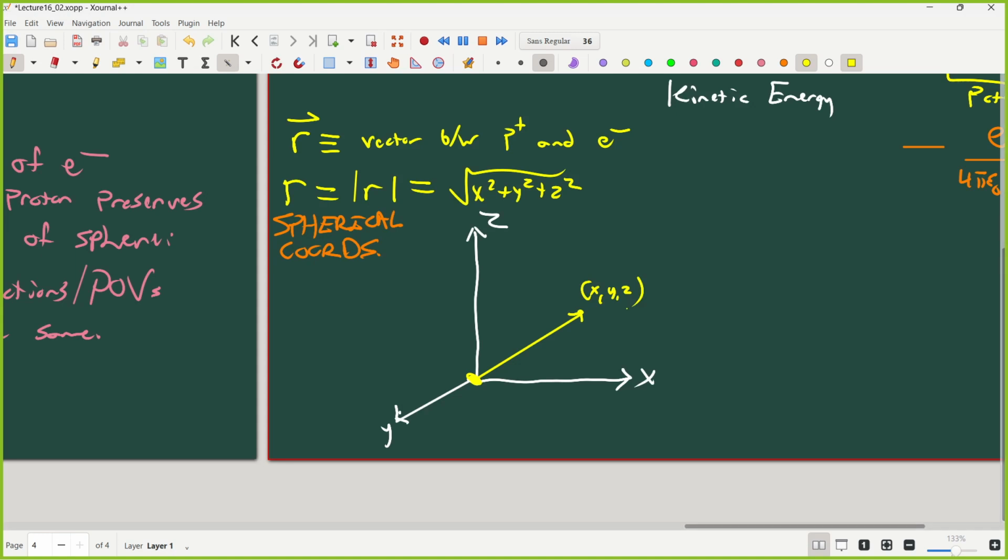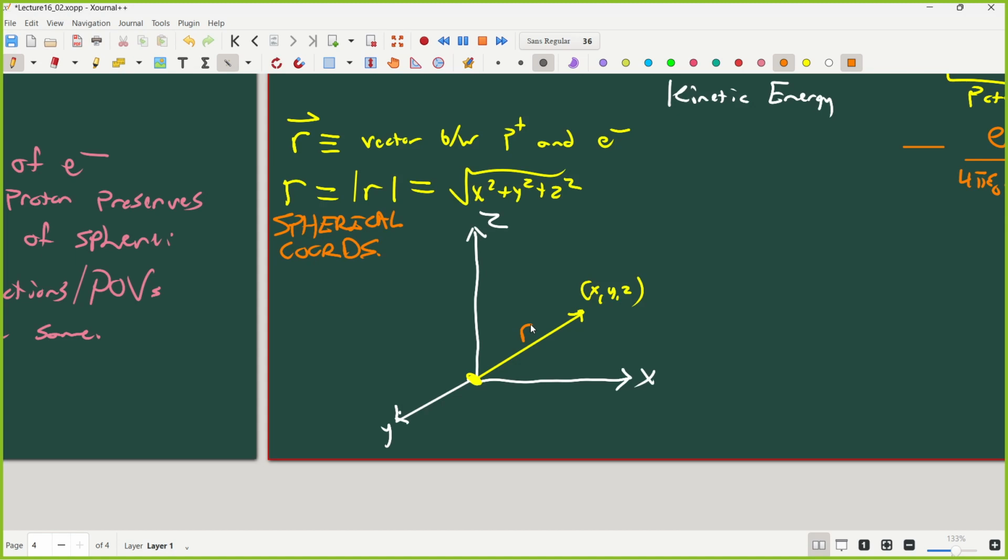We want to come up with a new set of coordinates that describe this position without using x, y, z. And we know one of the coordinates is going to be r. We want to define our electron in terms of its radial coordinate. But then we have to determine where that radius, that vector, is pointing in space.